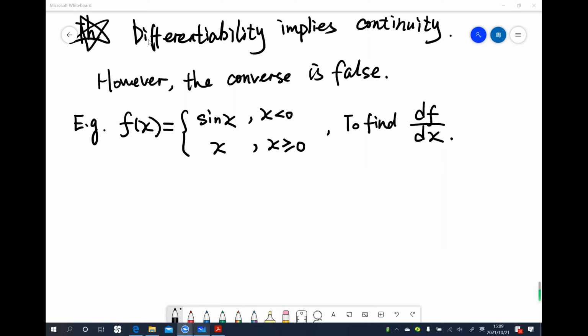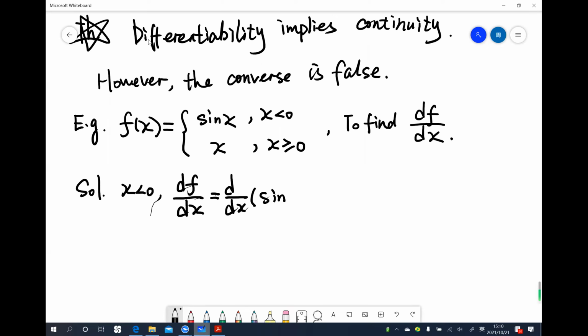Okay, for this question, I think most of you can know that if x is smaller than 0, then df by dx equals d sine x by dx, right?